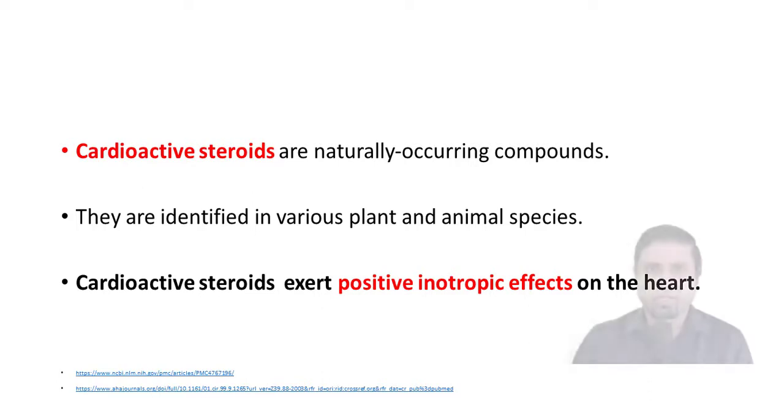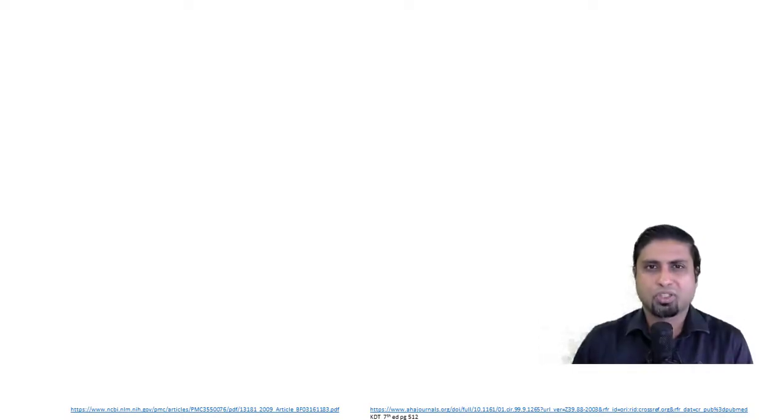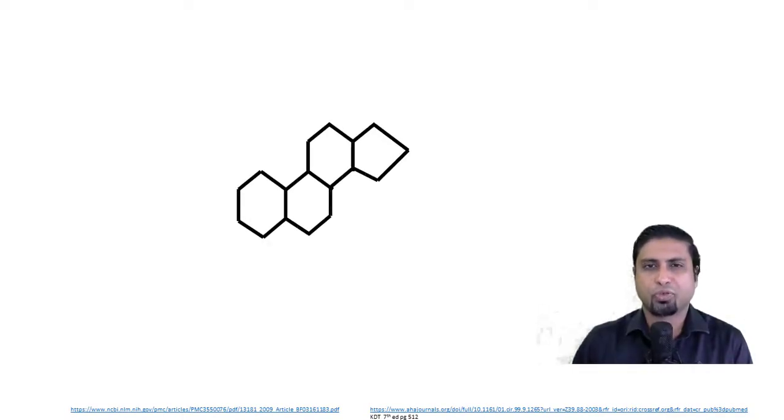Now, being steroids, they have the steroid nucleus, the cyclopentanoperhydrophenanthrene ring. Let's take the steroid ring and do some manipulations to this ring and convert it to a cardioactive steroid.